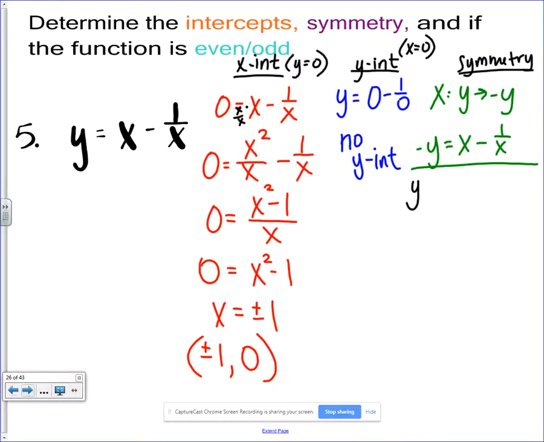Let's try y-axis symmetry. Okay, what do you guys think here? I would say no as well. Let's make sure we can calculate this algebraically here. See this minus minus here?